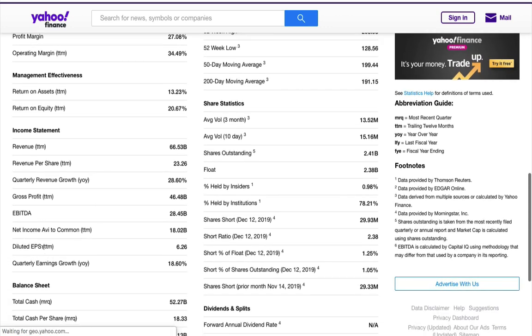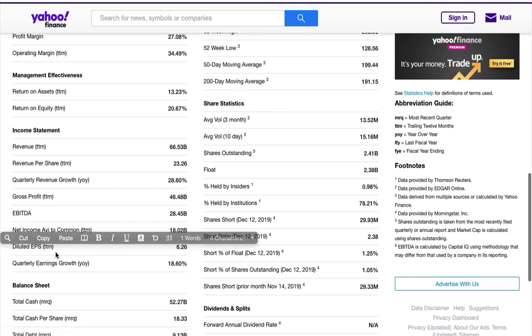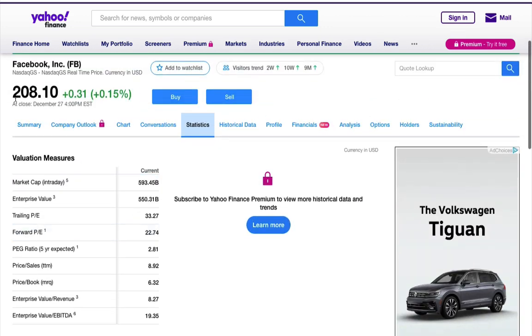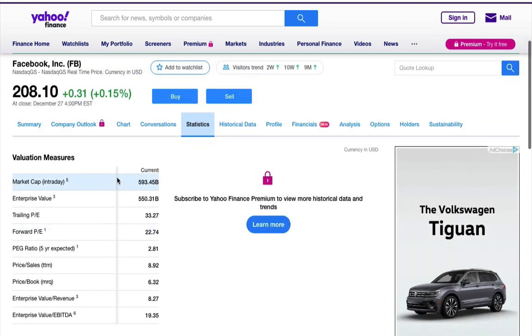EPS stands for earnings per share, and this is Facebook's earnings over the trailing 12 months, TTM, the last 12 months, divided by the 2.41 billion shares that we see here. And that's $6.26. So that means Facebook profits $6.26 per share. Currently, each share is worth $208.